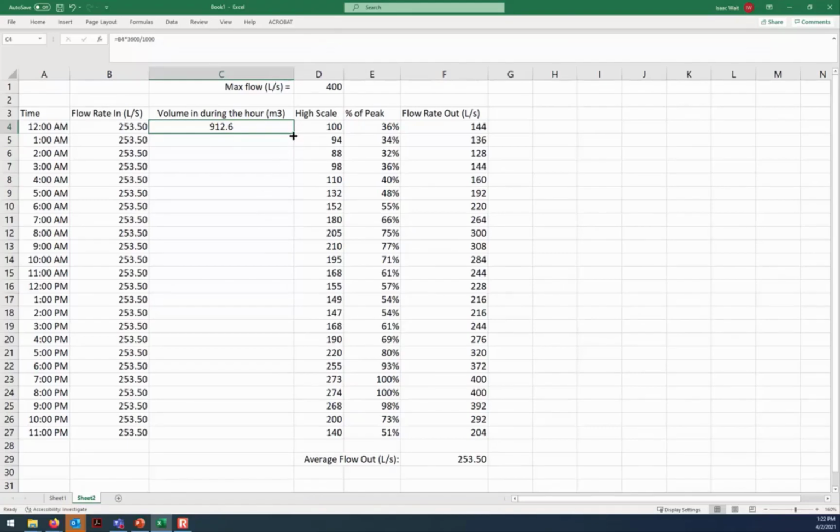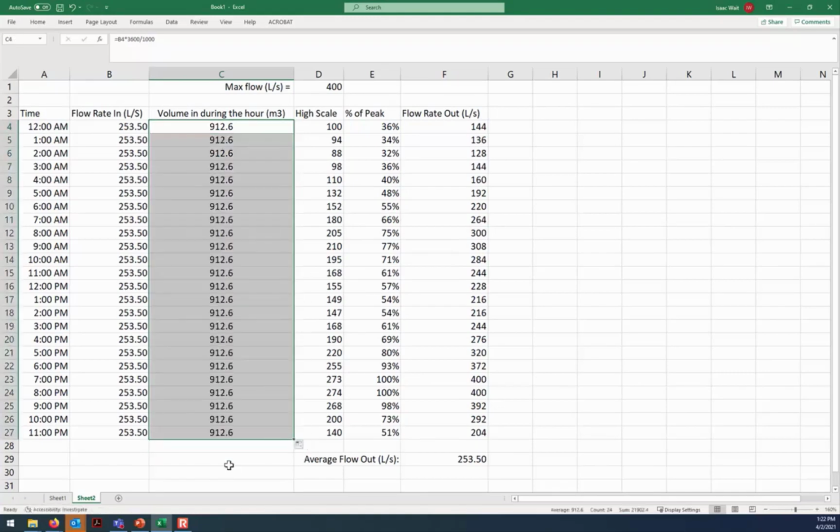And that's the same for every hour because the inflow is constant. In this project, we're assuming the water trickles from the spring toward the tank at a constant rate through the day. And if it was a water treatment plant, this would be the rate that we are taking water from the plant, and then the hourly volume.